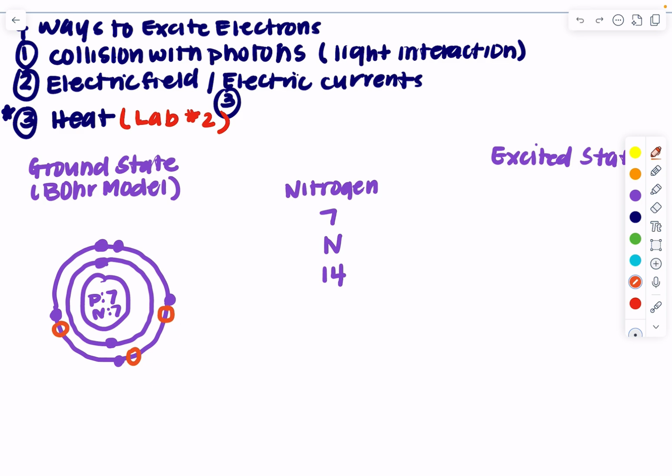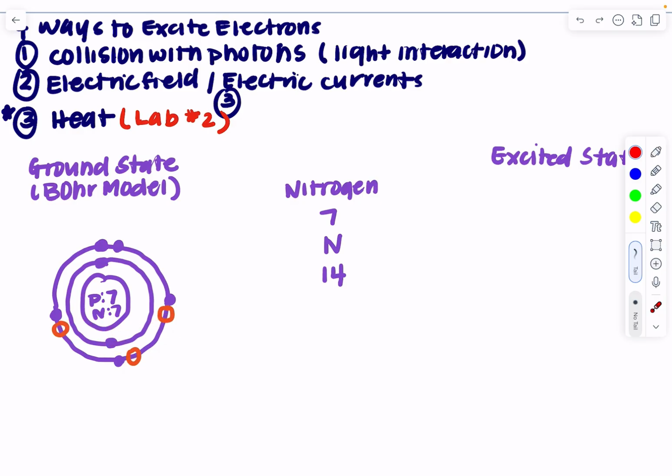This is an opportunity for us to actually excite the electrons. And what we mean by excite is that I can take one of these electrons from the first energy level and put it into one of these empty spaces on the second energy level.